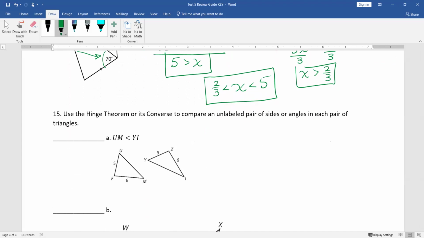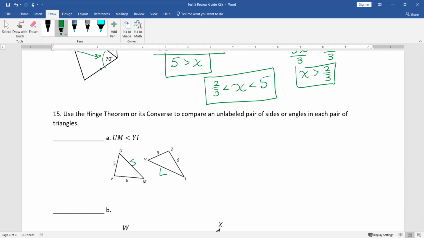In this case, they're telling us that UM is less than IY. So if UM is the smaller, just make that S, and YI is the larger, or if you want, you can just give them a number. Make one 8 and the other one 10.